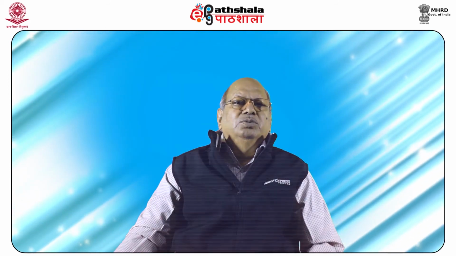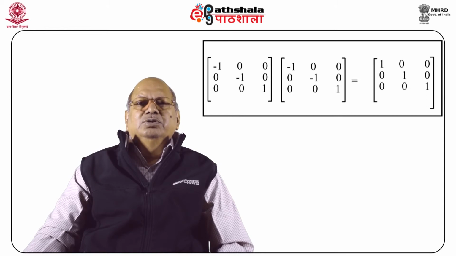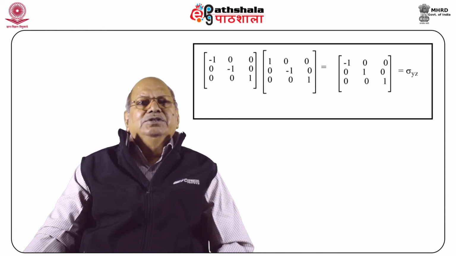Let us carry out certain products. C2 into C2: according to the table it is E. So I take the matrix corresponding to C2, multiply by the matrix corresponding to C2, and I get the matrix 1 0 0, 0 1 0, 0 0 1. This is the matrix corresponding to E. So our result is verified: C2 into C2 is E. Let us take C2 into sigma xz.